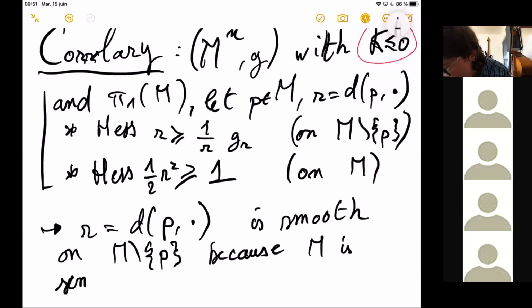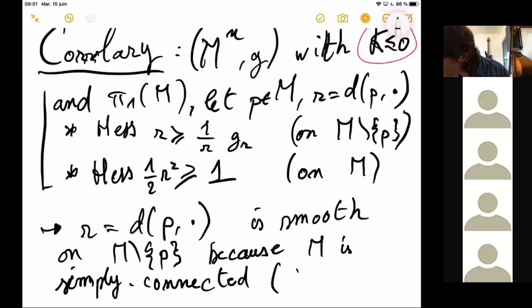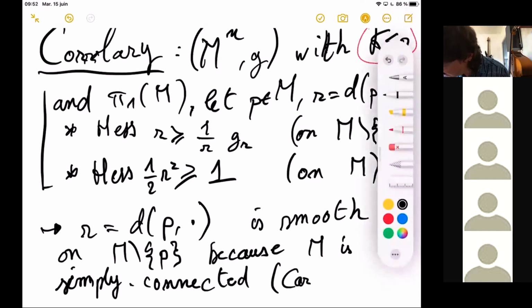So this is the Cartan-Hadamard theorem. Because, yeah, the curvature is negative.